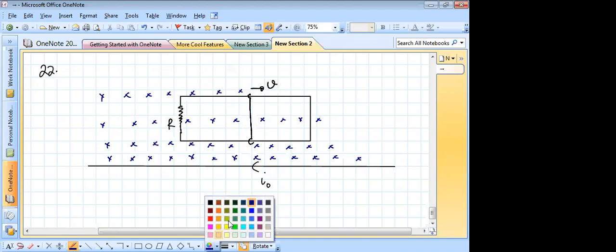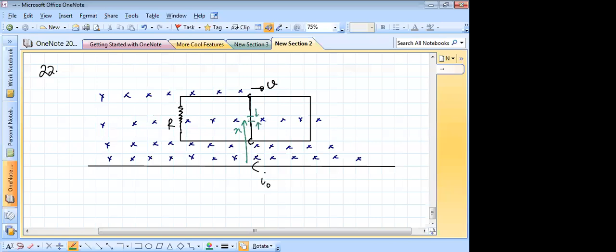So what we'll do is we'll take, say, at a distance x, an element of thickness dx. So that element will behave like a differential voltage source. Now, V cross B is pointing like this. So that differential voltage source will be equal to B as a function of x into V into dx. So B as a function of x will be mu naught I naught divided by 2 pi x into V dx. Right, beta? Yes.